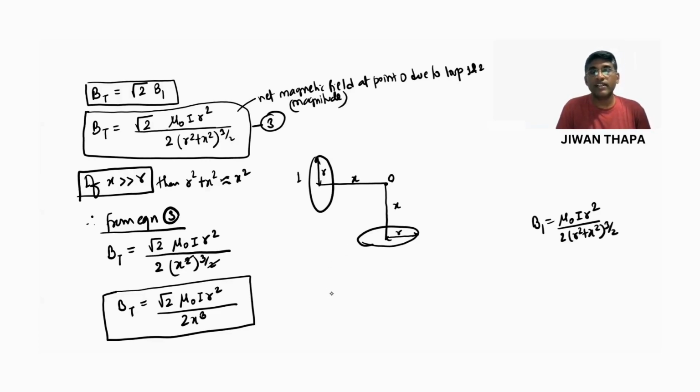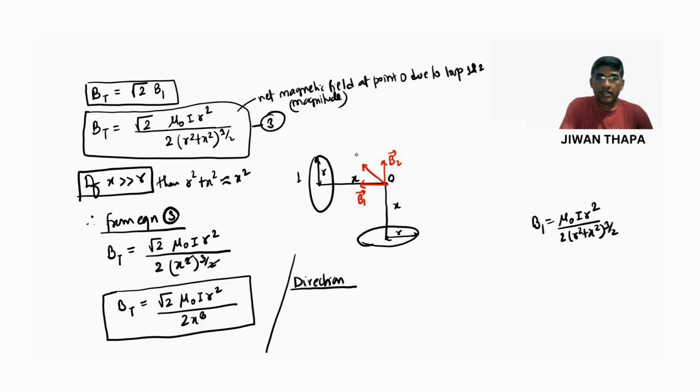Now, let us discuss the direction of the net magnetic field at point O. B1 acts along this direction and B2 acts along this direction, and the resultant divides the angle between B1 and B2 into two equal parts.